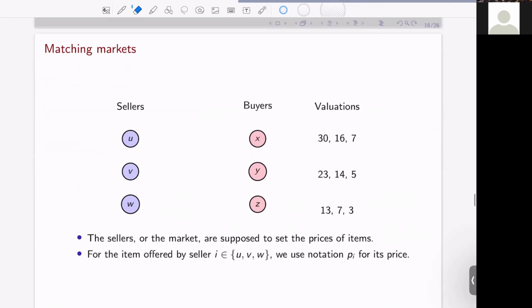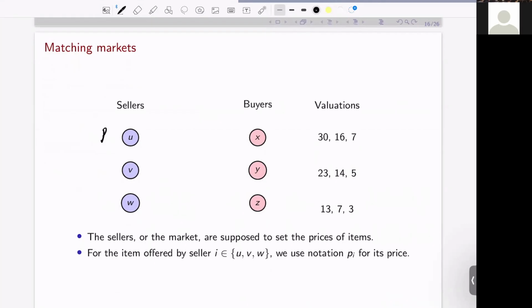For each item, let's say item U, I'm going to set prices PU, PV, and PW. And you cannot make each buyer buy something. You need to let them decide their own decisions.